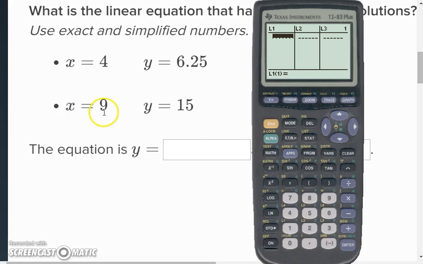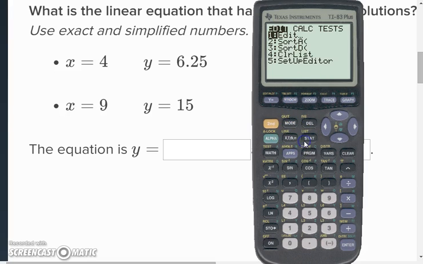So now the x's go on the left, 4 and 9. The first x is 4, x1, and the second x is 9, x2. And then in the y's, the first y is 6.25, and the second y is 15. So now that I've got the numbers in the menu, I can go again to the menu.